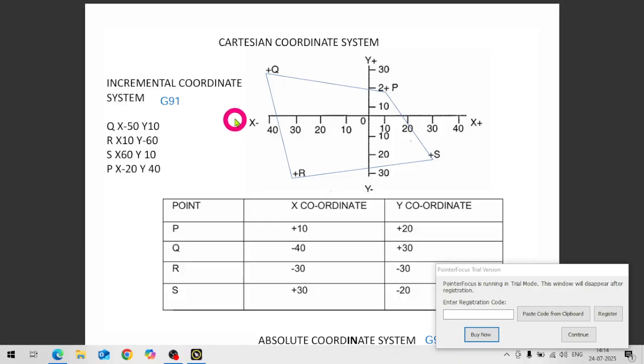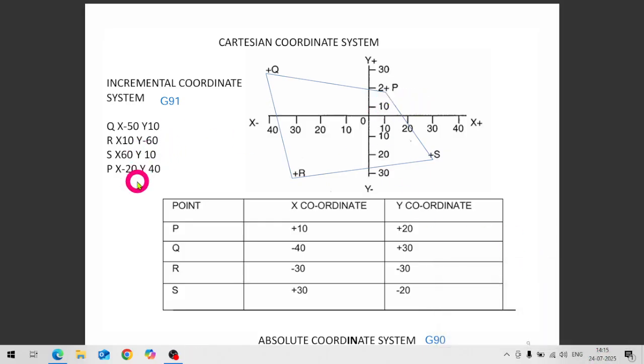So basically, first of all, the P point will remain the same here. For the P point the coordinates will be the same, 10 and 20. X is 10, Y is 20 for P.